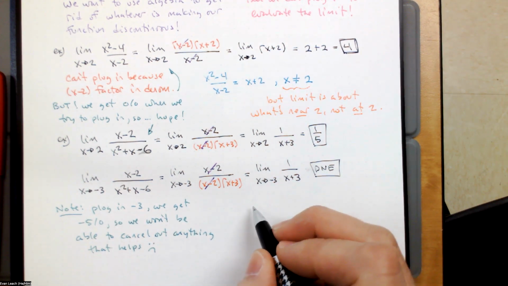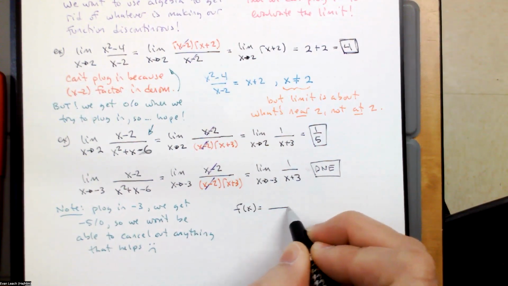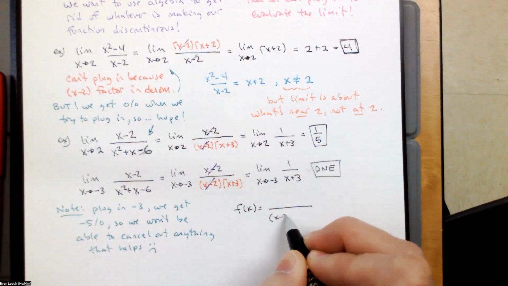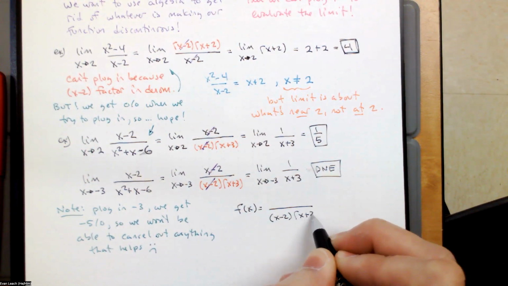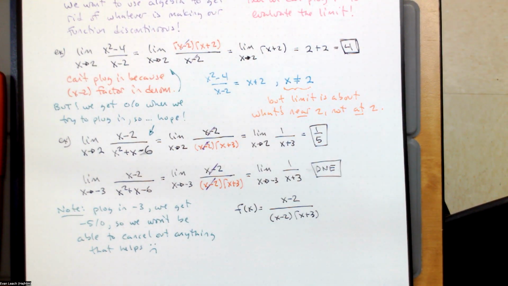So when we look at it, because the x minus 2 cancels out, that tells us there's going to be a hole in the graph at 2.